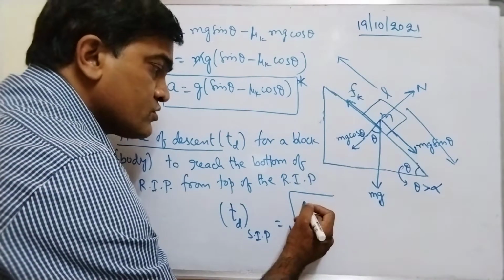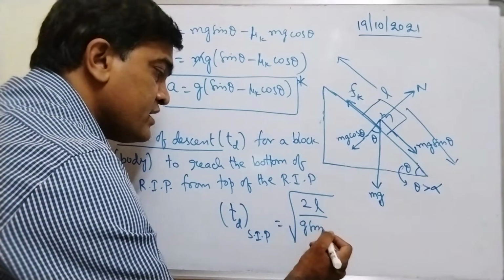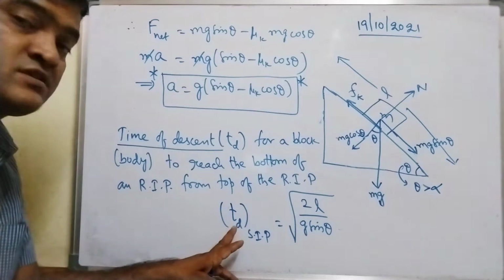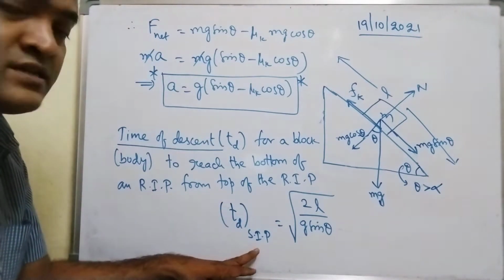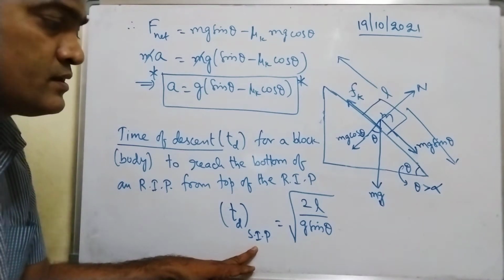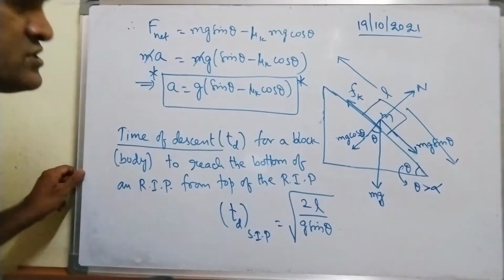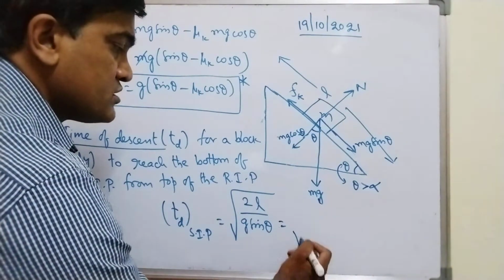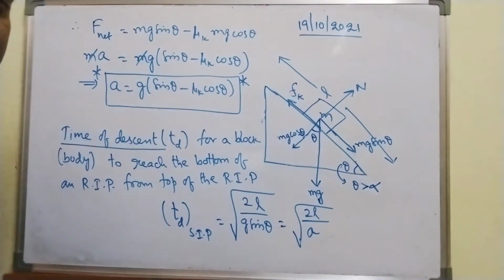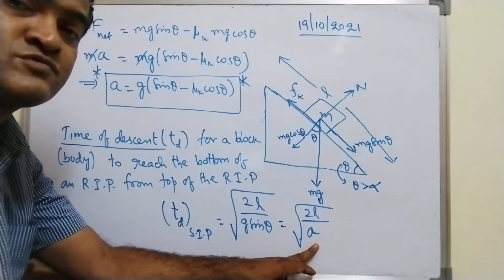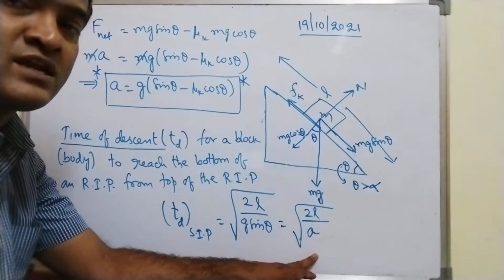Length covered is L, so t equals root over 2L by g sin theta. This is the formula I derived for the time of descent on a smooth inclined plane. But g sin theta is nothing but the net acceleration, so this is 2L by A, where A is the net acceleration on a smooth inclined plane.